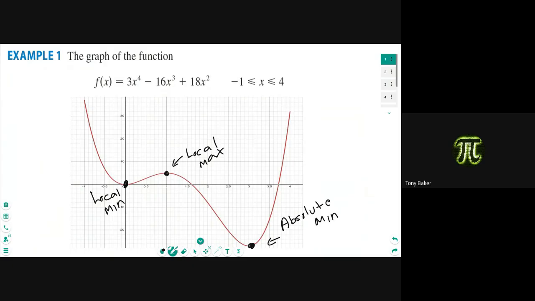Now, thinking about what we've learned over the past month and a half plus, what do all three of those points have in common? I know you know the answer. What do all three of those points have in common?